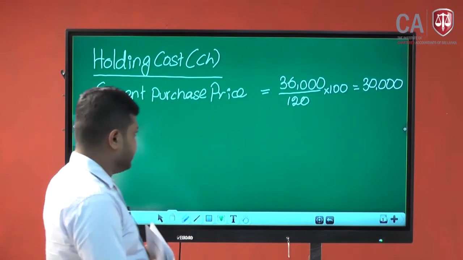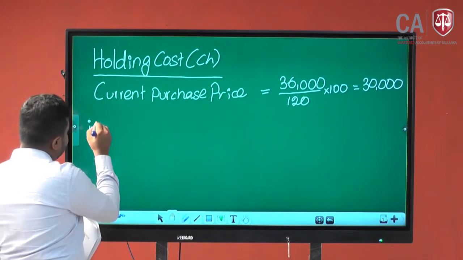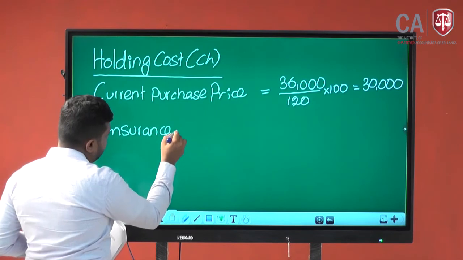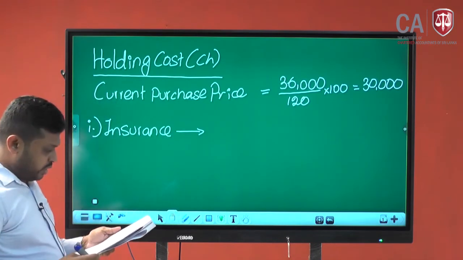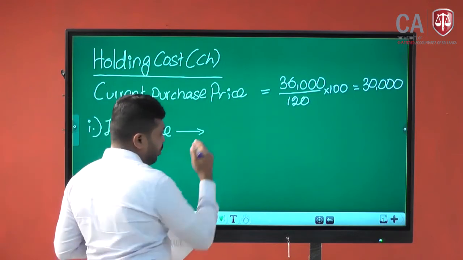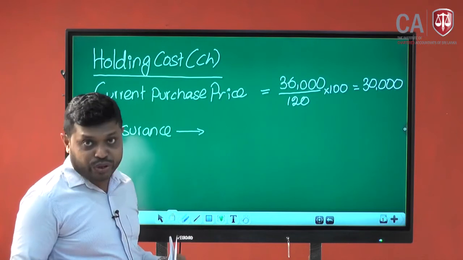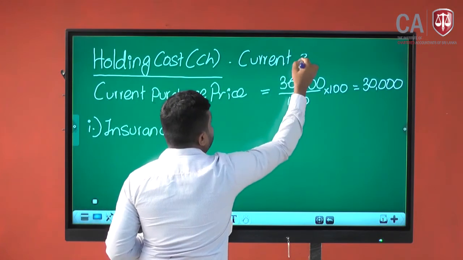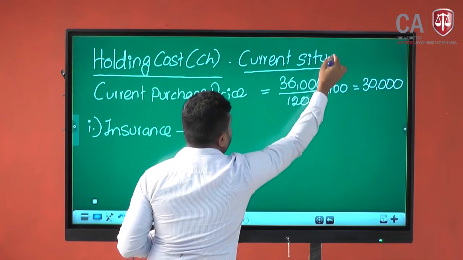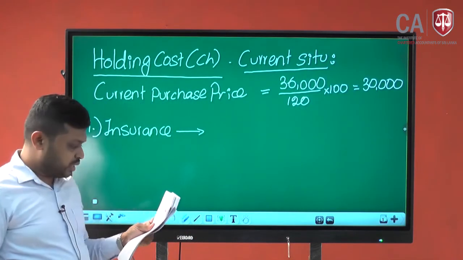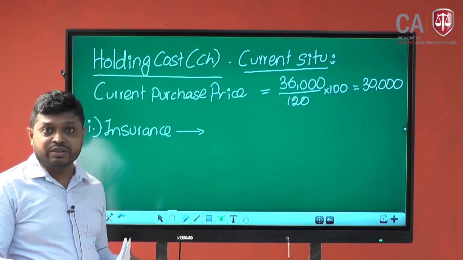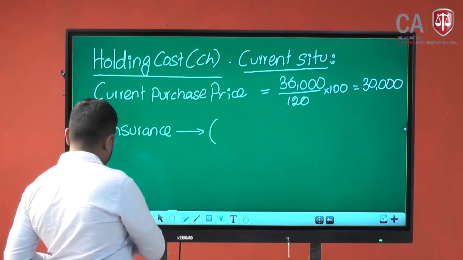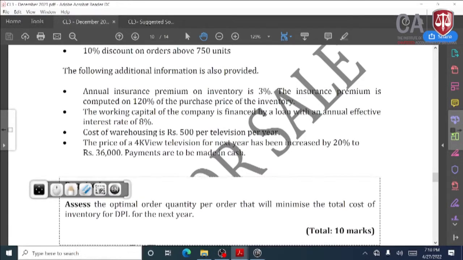Agreed? Agreed. Then we will look at the first one, insurance cost. How to calculate insurance cost? It will be based on the purchase price. Now we have to find out the current situation, current EOQ. Insurance cost: the annual insurance premium on the inventory is 3%.